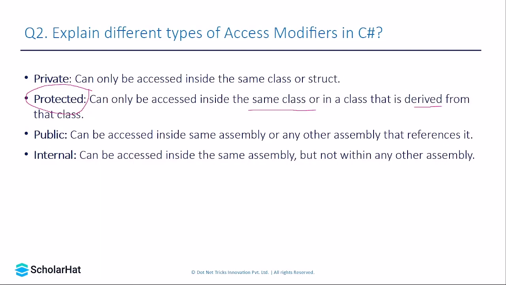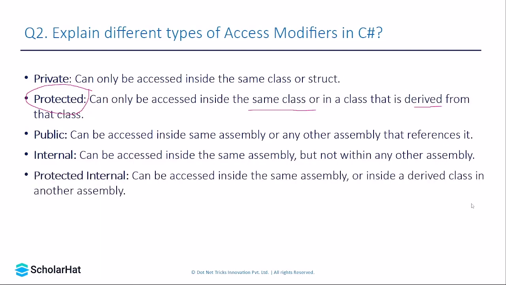And finally, we have protected internal. Again, that can be asked. It can be accessed inside the same assembly or inside a derived class in another assembly. So please pay attention. Both internal and protected internal can be accessed inside the same assembly, but there's one difference.